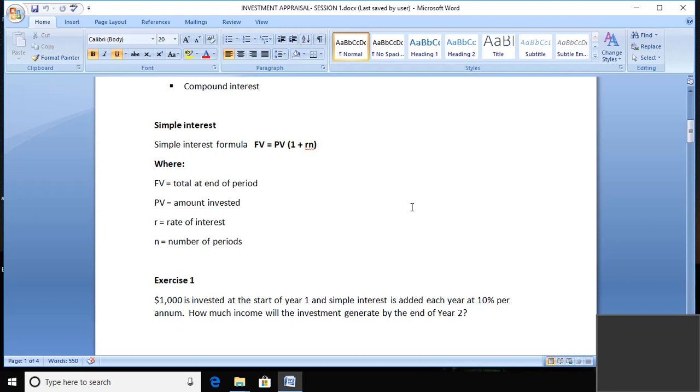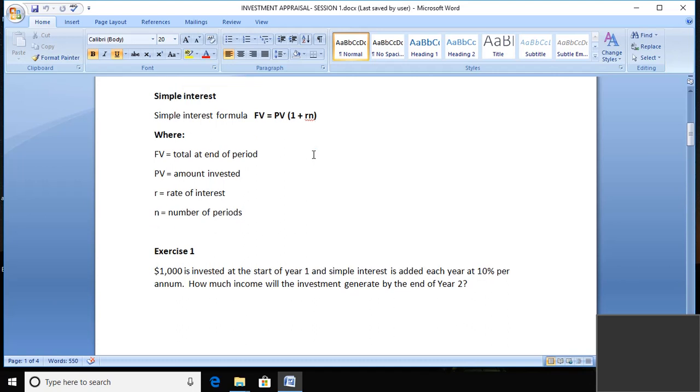And the formula for calculating the future value, or the future amount that one will have in an investment under simple interest, is given as follows. Future amount equals the present amount, or the principal invested now, multiplied by 1 plus Rn.